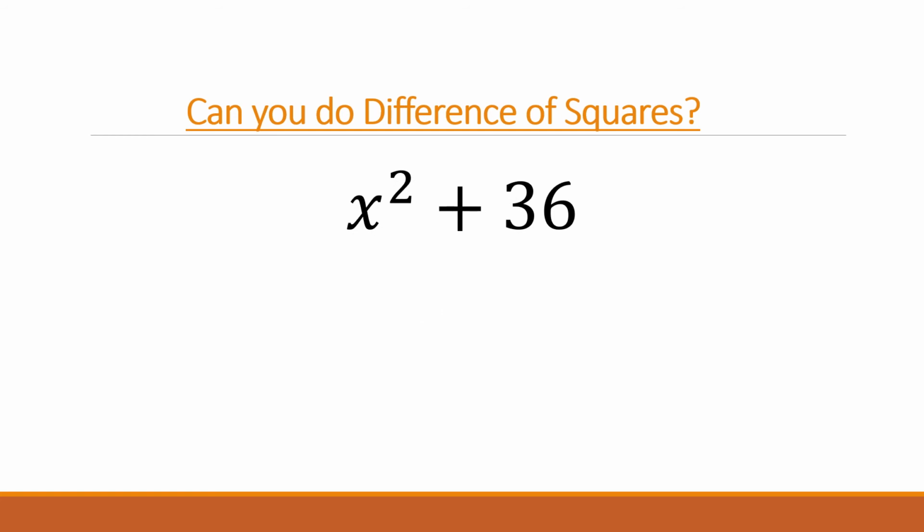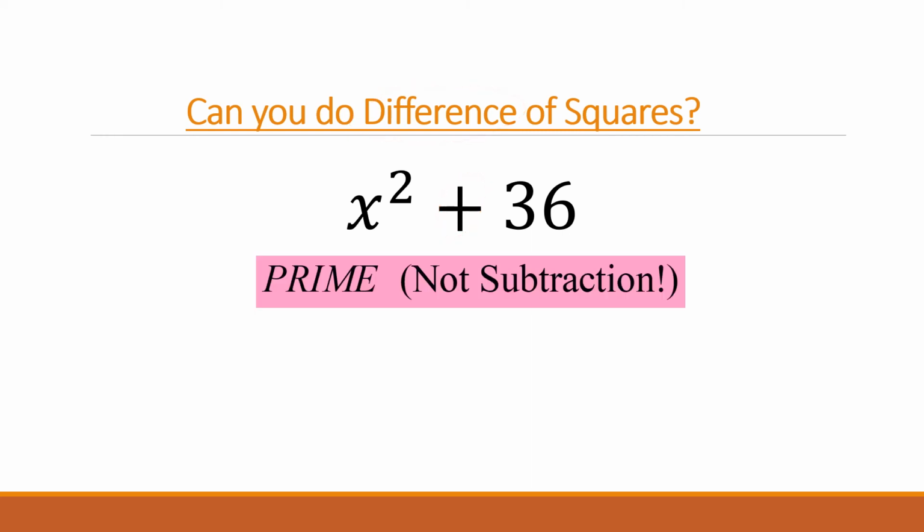For this one, can you do difference of squares? Again, you're looking for, is it a difference? Right away, nope. So no, you cannot do difference of squares. We call that prime, and I forgot to mention that earlier. If there's nothing you can do to factor something, it's just prime. In this case, it's prime because it's not subtraction, it's not a difference.